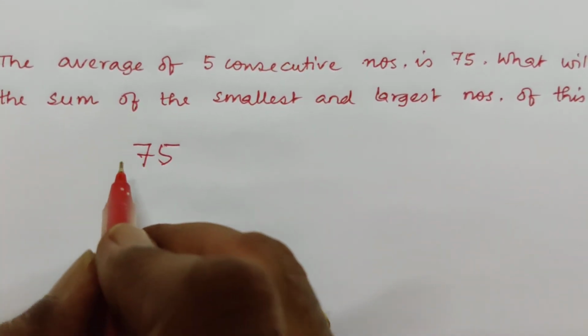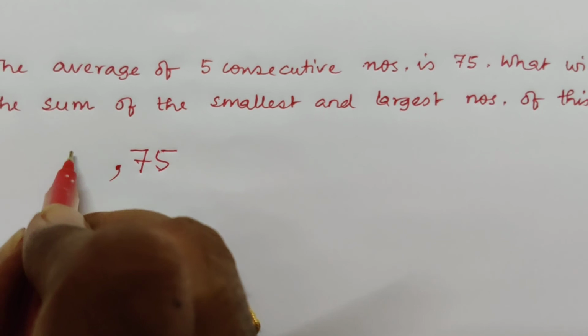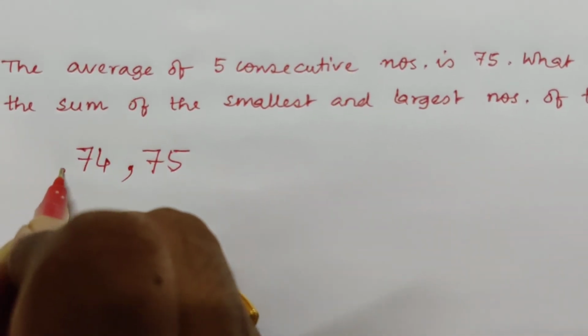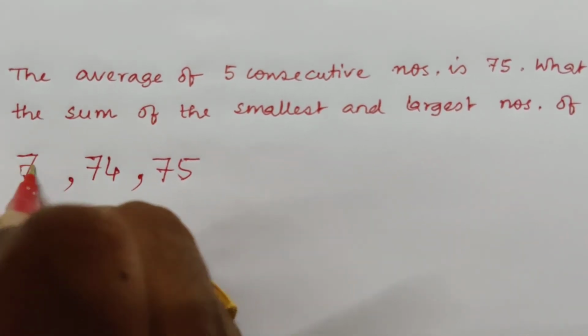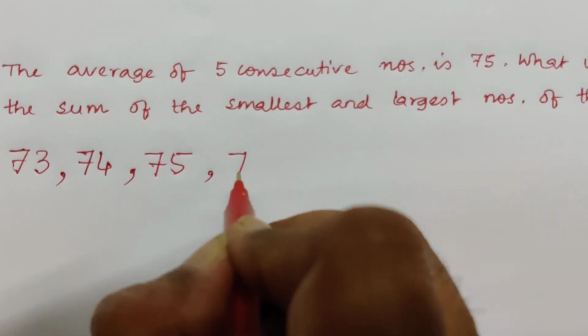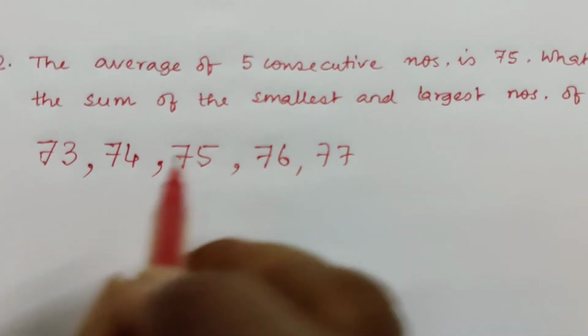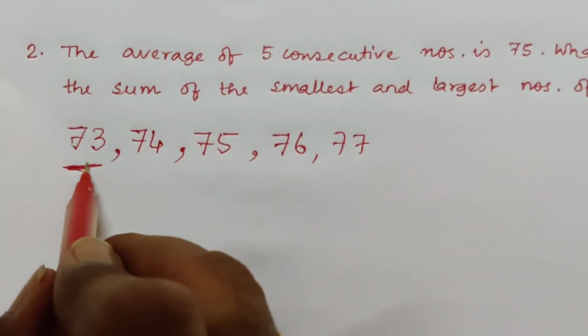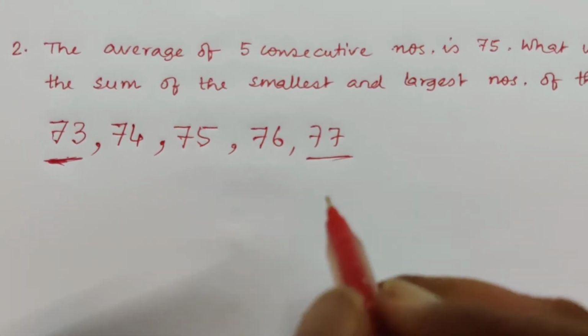Now if we directly do here 75 is our average, isn't it? So instead of going here and there, if 75 is the middle number, the lesser number over here is 74 and still lesser number is 73. So 2 over here and 2 over here, 76 and 77. So the smallest number of this series is 73 and biggest number is 77.